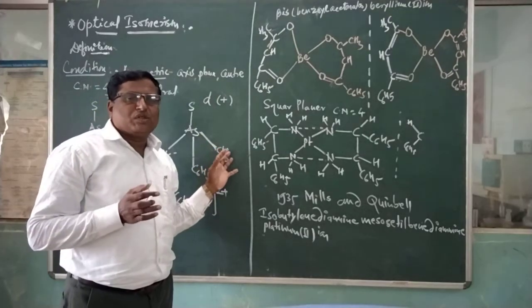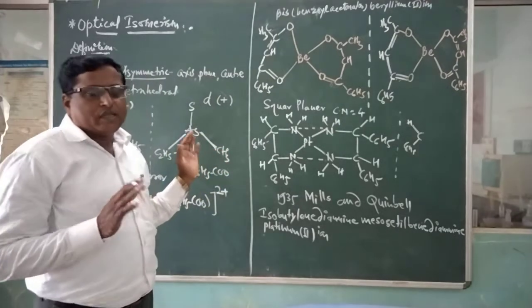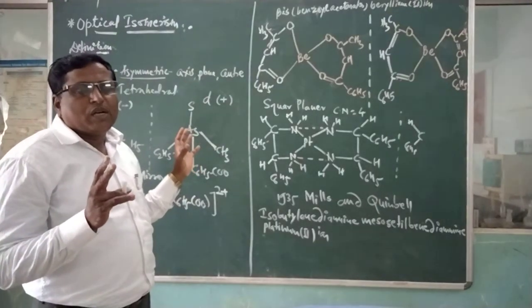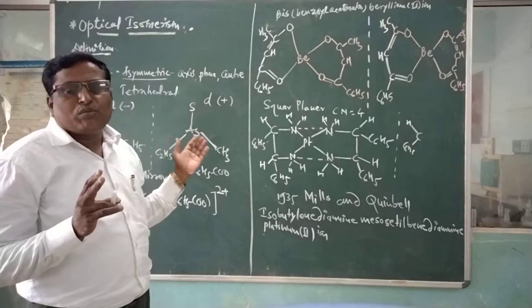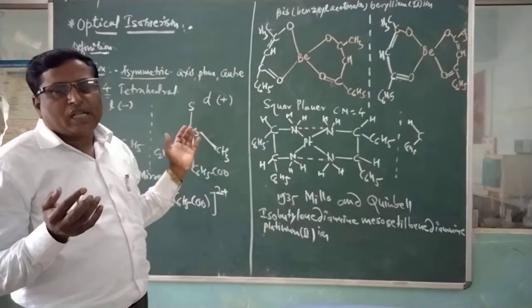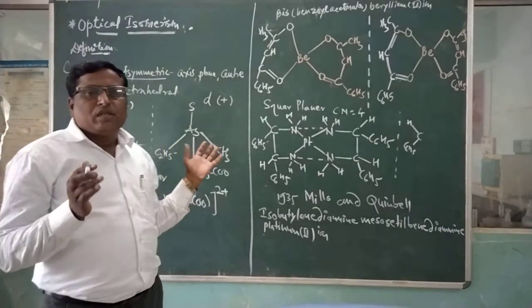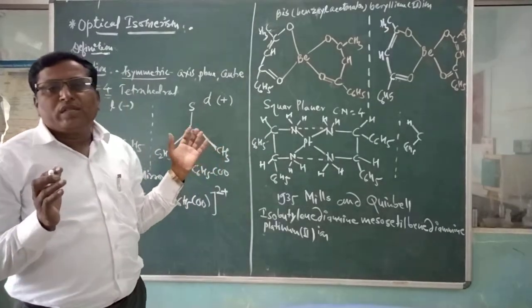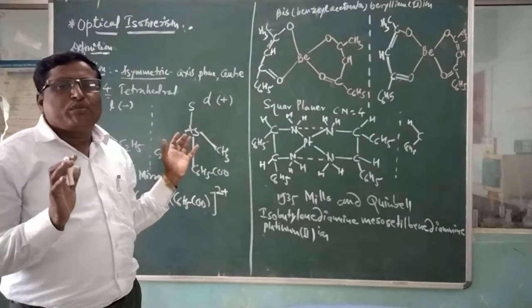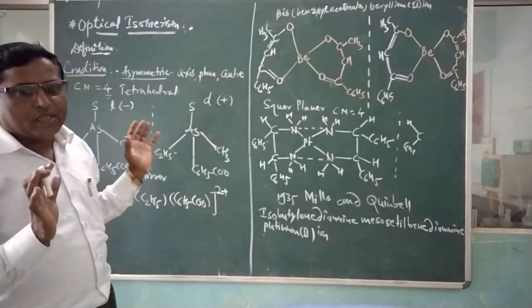Optical isomers can be defined as two compounds having the same chemical formula but different arrangement of the ligands in space around the central metal atom or ion, in such a way that one is a mirror image of the other and cannot be superimposed on each other.